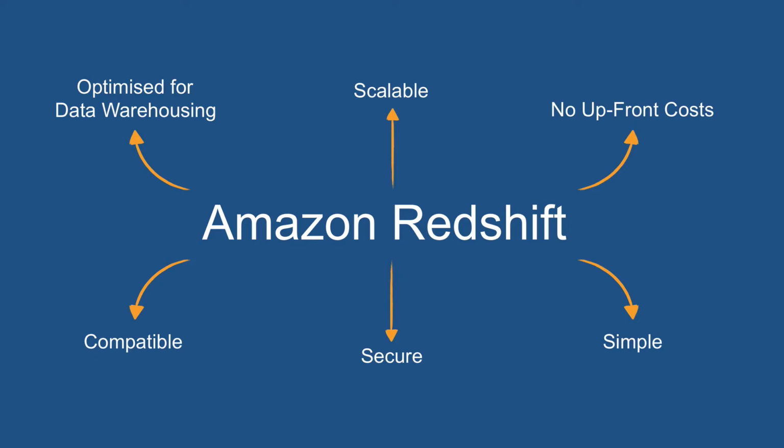So, for example, parallel loading from Amazon S3 or DynamoDB is something that's supported. You can integrate it with other AWS services that you might be using, such as EC2, Data Pipeline, or Kinesis, to use Redshift as a data target to add analytics to, for example, streaming data that you might be processing with Kinesis. So a service that's really well integrated both with existing tools that you might use and with other AWS services that you may be using.